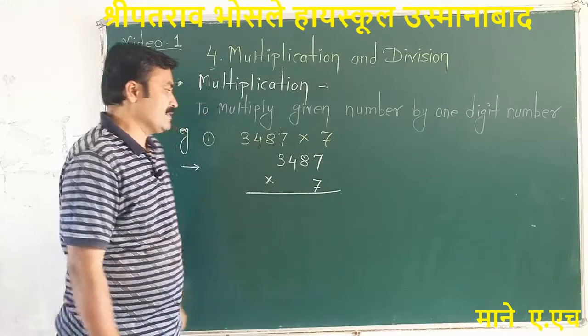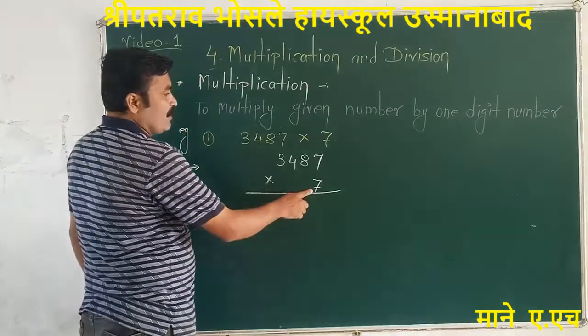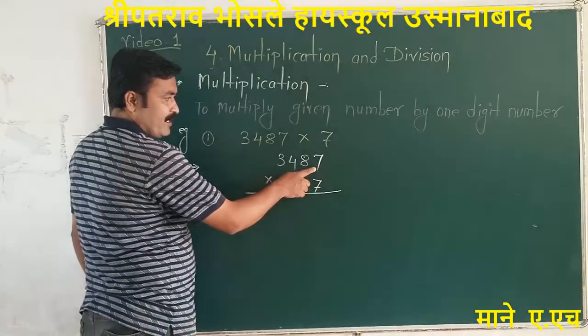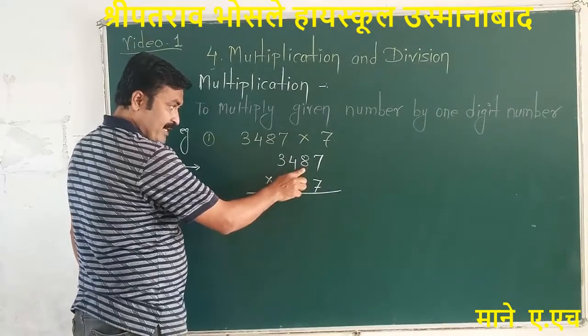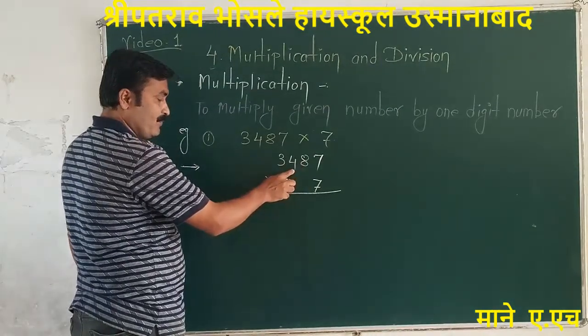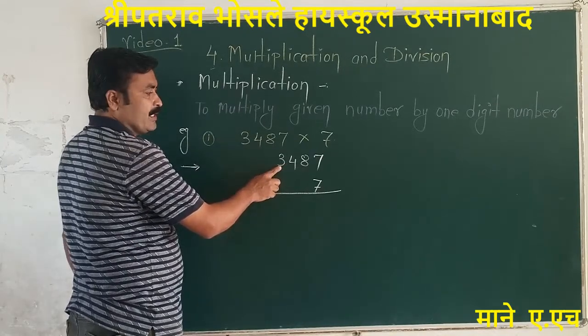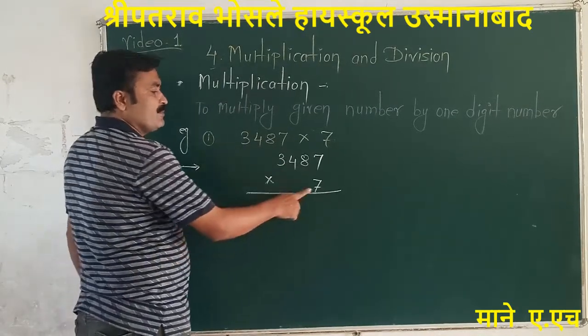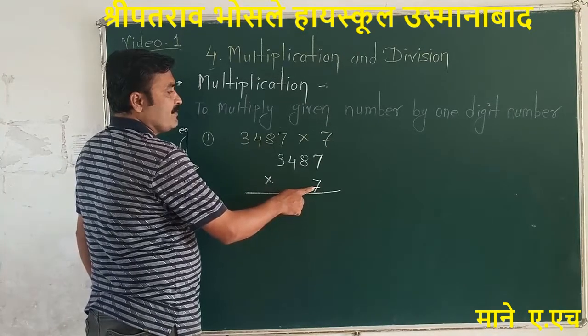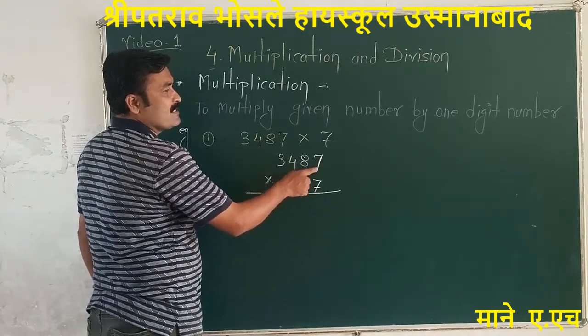That means by this 7, first we multiply the 7 above, then the 8, then the 4, and at last the 3. Starting here I am using the table of 7.